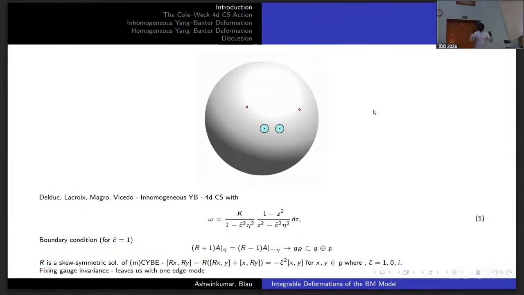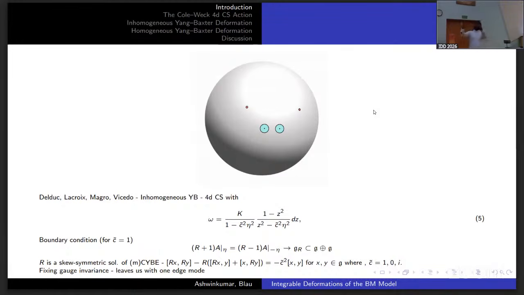For example, the inhomogeneous Yang-Baxter case corresponds to deforming the double pole we saw on the previous slide to 2 simple poles. So now your meromorphic 1-form has 2 zeros and 2 simple poles. And the boundary condition imposed now is a non-local one.